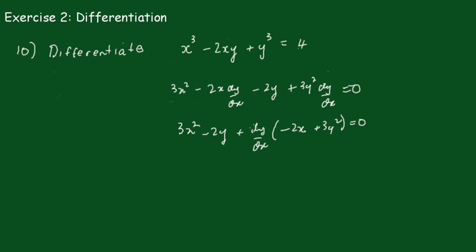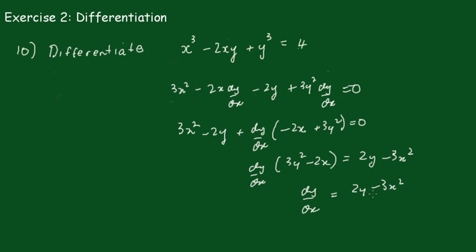Now we'll take this one across the other side, and I'll have dy dx outside of 3y squared minus 2x is equal to 2y minus 3x squared, and dividing both sides by 3y squared minus 2x, we get dy dx equals 2y minus 3x squared all over 3y squared minus 2x. That's your final result.